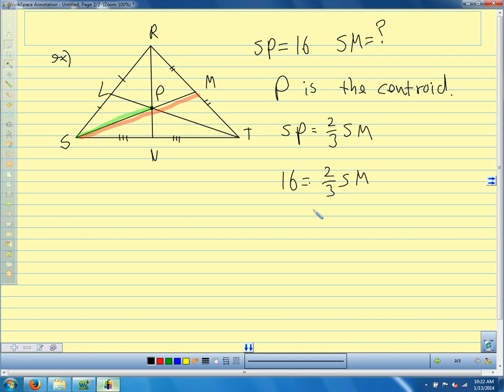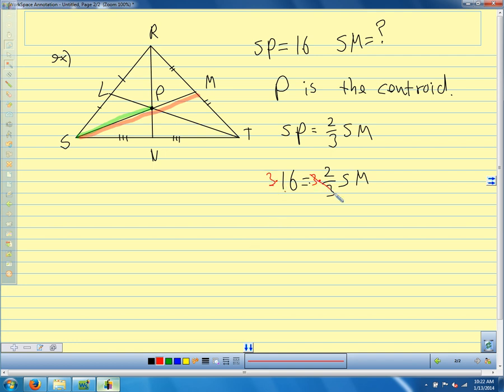So what are we going to do now to find the length of segment SM? That's going to be my first step. So what is 3 doing to this side of the equation? Adding, subtracting, multiplying, dividing. Dividing, so how do we undo division? Multiply. So we want to multiply by 3. So I'm going to multiply both sides by 3.